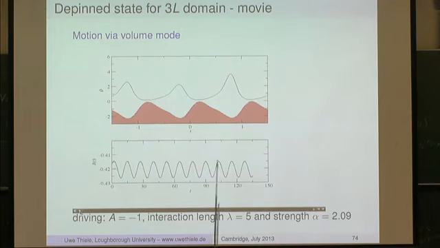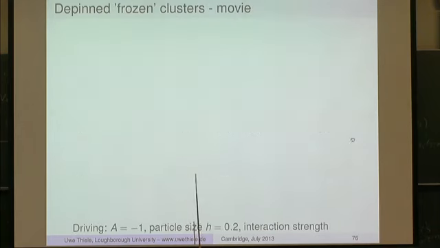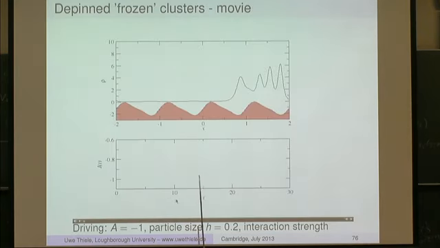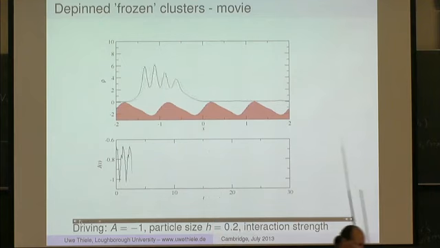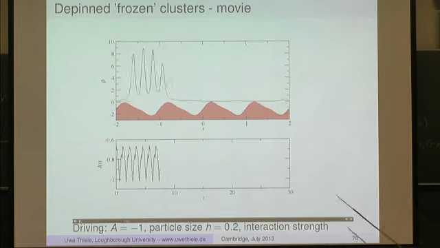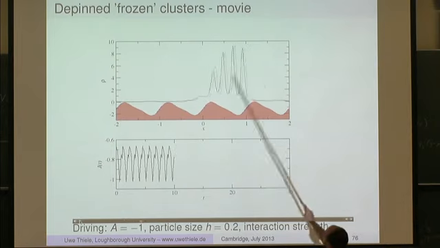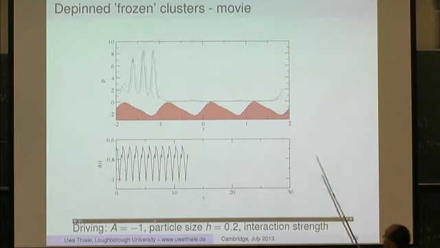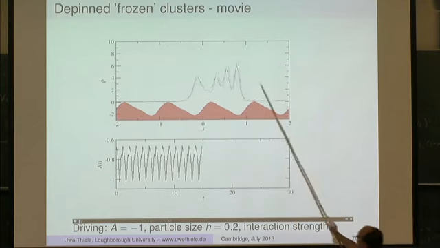And now that I have prepared you for movies, I can first show you this one, because it's a bit more exciting. Now we introduce this hardcore repulsion that was not in the previous movie. What you see here is a blob of, in this case, 4 particles, and they move through the system like a block.